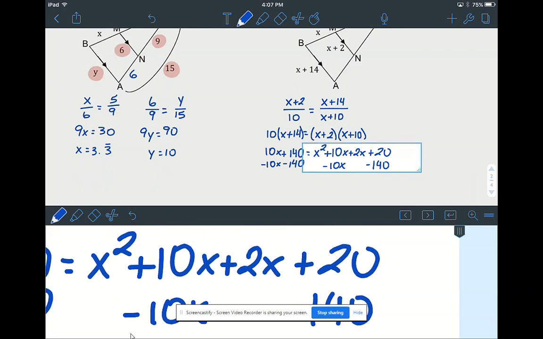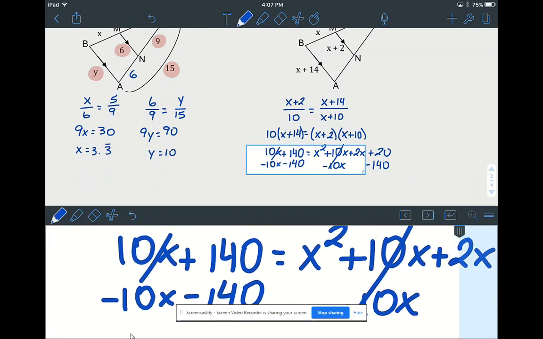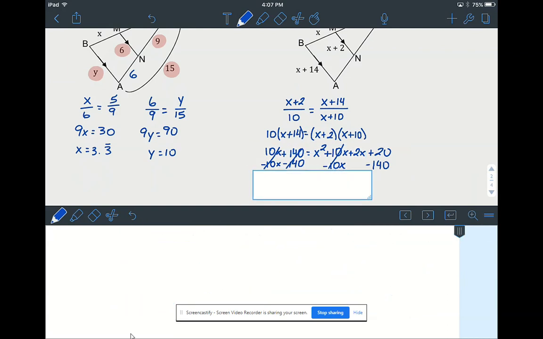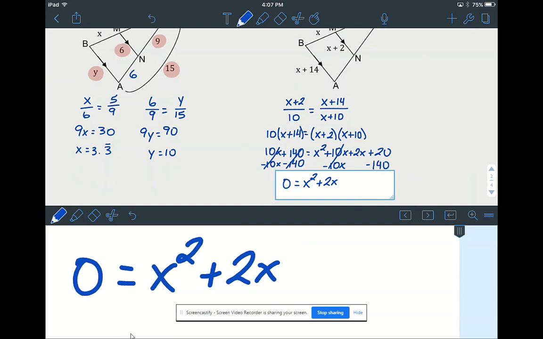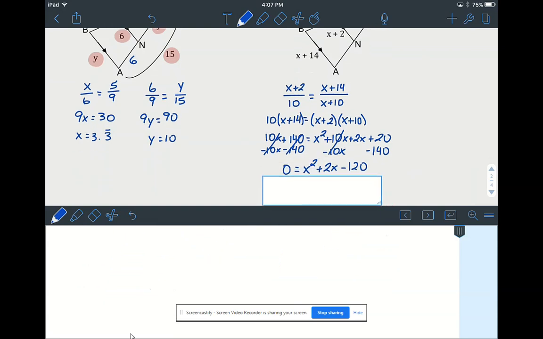I'm doing this with what is similar, like combining like terms. So we get 0 on the left because everything cancels. We get x squared. The 10x minus 10x canceled, so we have plus 2x. And then the 20 minus 140 is a negative 120. Once we get to this point, yes, we have to factor.